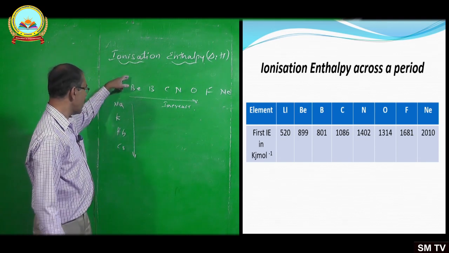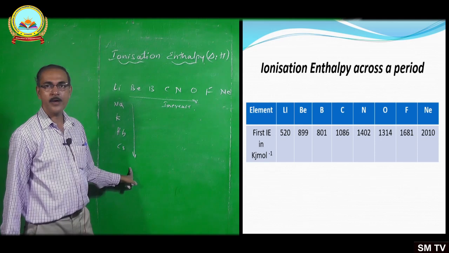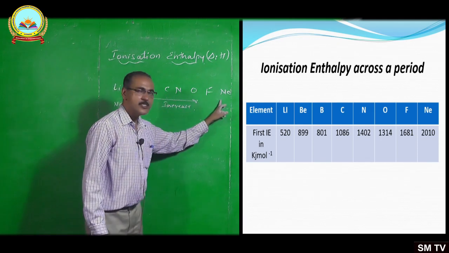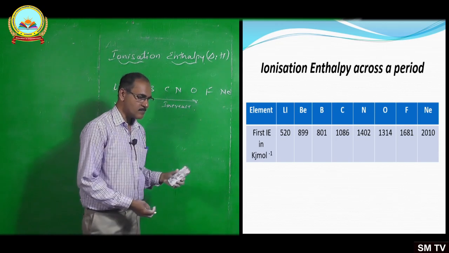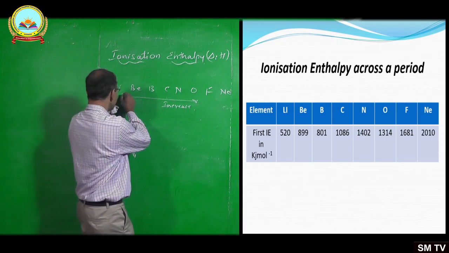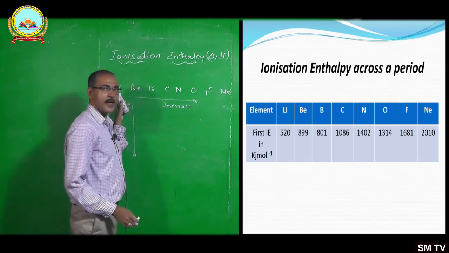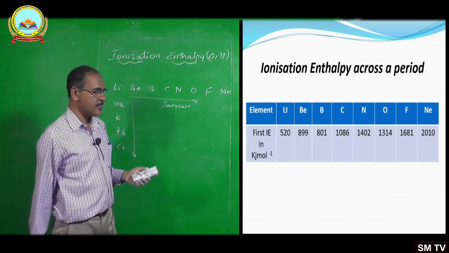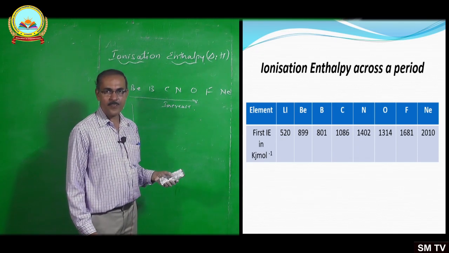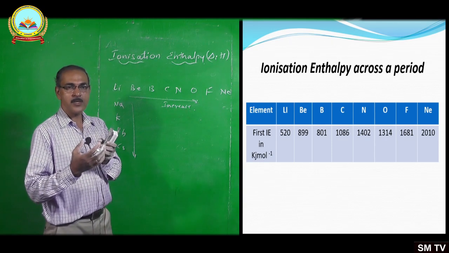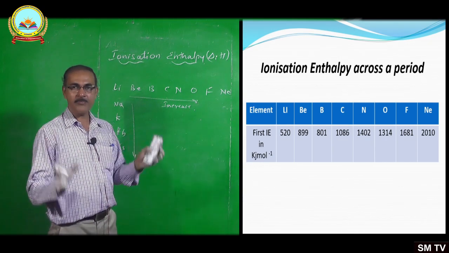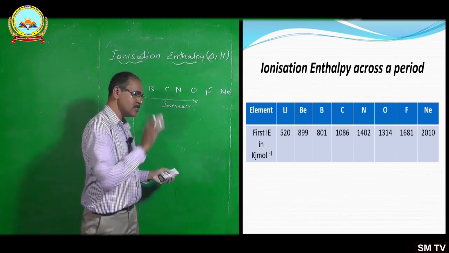Down the group, ionization enthalpy decreases. Why does it increase? That is because, from left to right across the period, nuclear charge increases, atomic radius decreases, thereby the electrons are held tightly by the nucleus, removal of the electron is difficult, more energy has to be supplied.